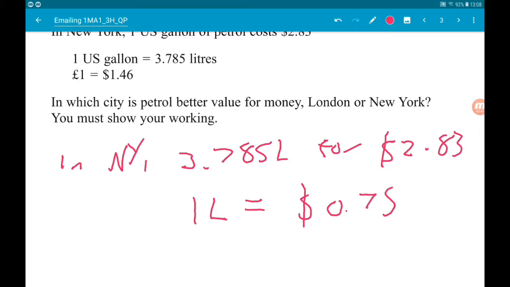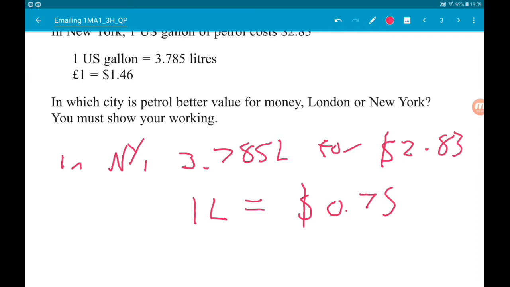So now we know 1 litre costs $0.75. We now need to turn the dollars into pounds. So, we know that 1 pound is $1.46.